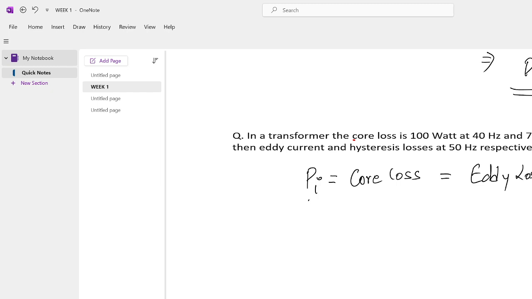It is given that the iron loss at 40 hertz is 100 watt, and at 30 hertz it is 72 watt.